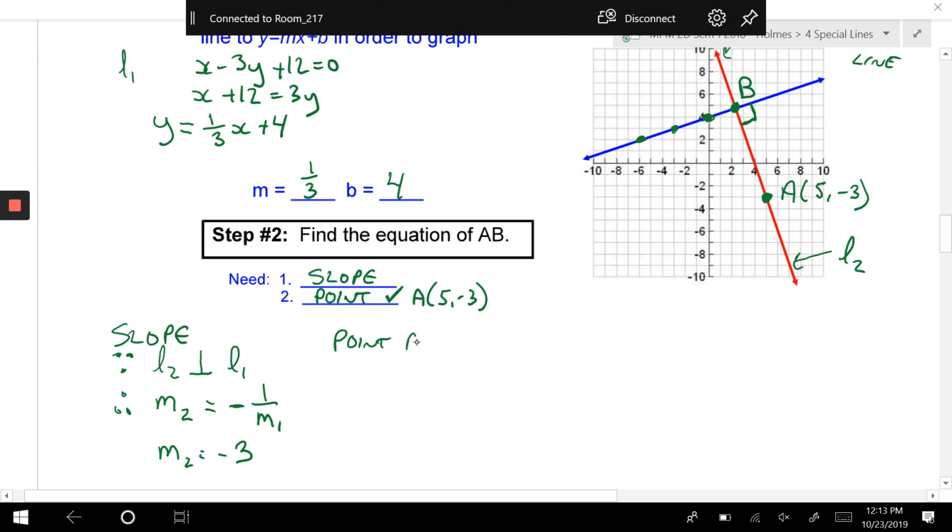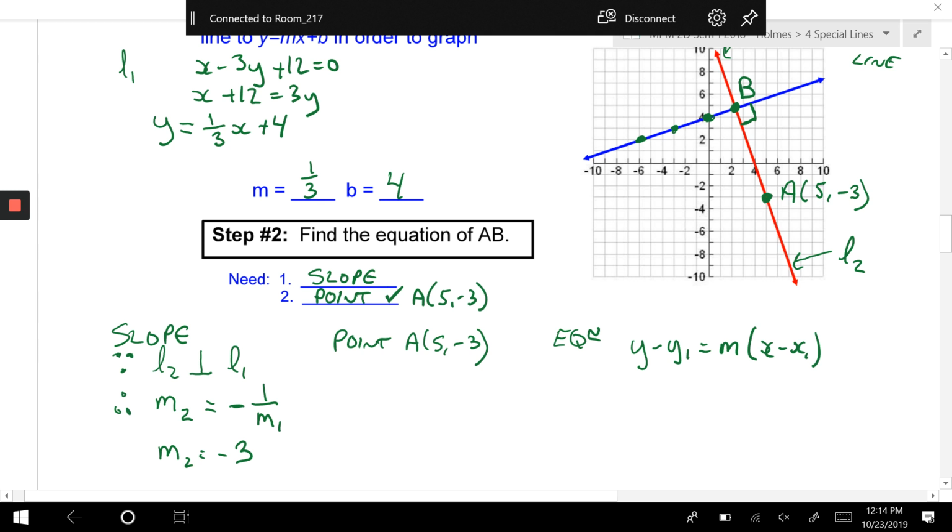My point is given. So now I find my equation. Samantha, do you remember the equation that I used? I'm given a point and a slope. I'll get started. It's going to be y - y1. Excellent.